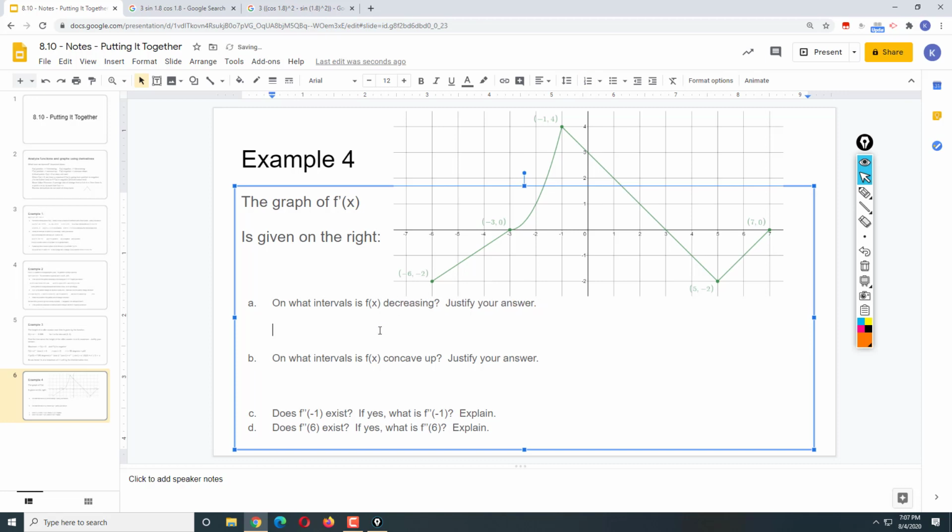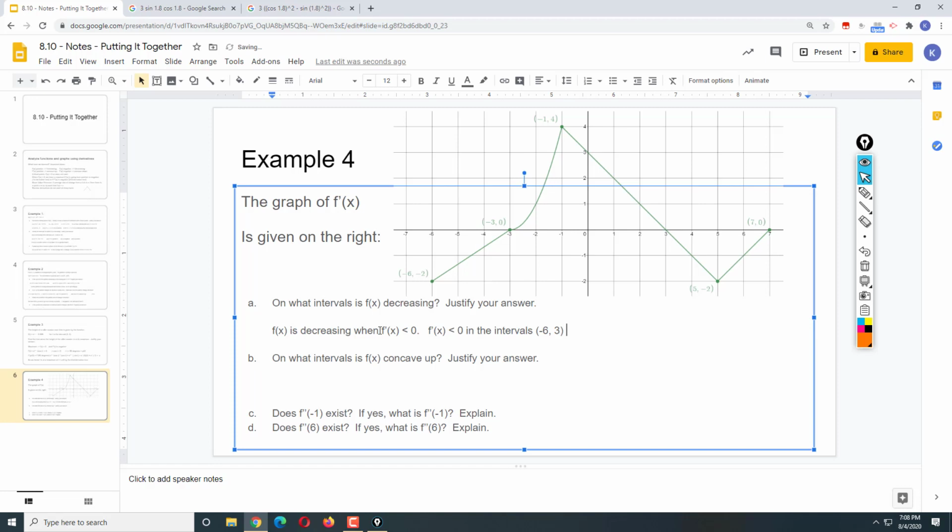Justify your answer. Well, f of x is decreasing when our first derivative is negative. Our first derivative is less than 0 in the open interval -6, -3, and the open interval -1 to 5. Sorry, that is incorrect.